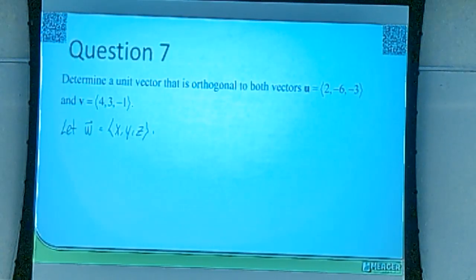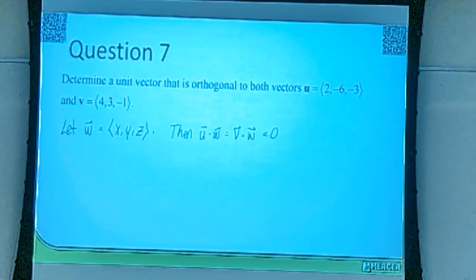Well, what do we know? If w is perpendicular to both u and v, then both dot products have to be 0. Well, that's going to give you a system of equations, right?